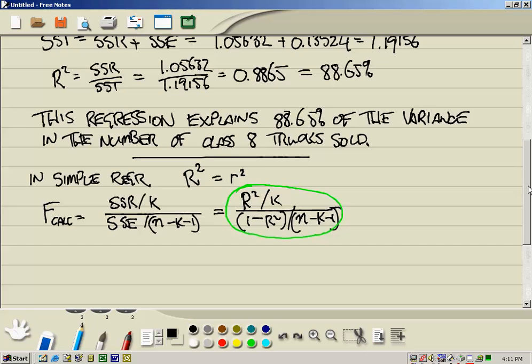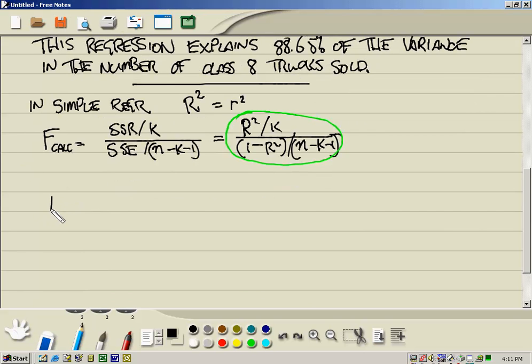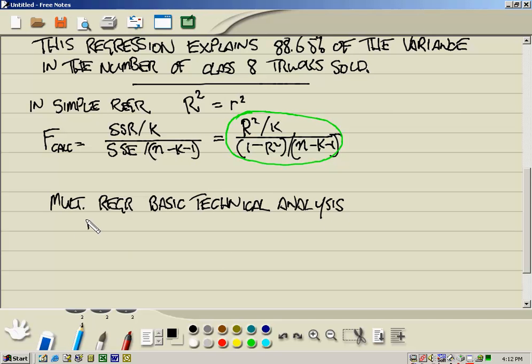Right, normally our multiple regression technical analysis, basic technical analysis, remember this is just the tip of the iceberg. We won't do any more here, but this is not all of it. We'll first look at r squared and do an interpretation as above.